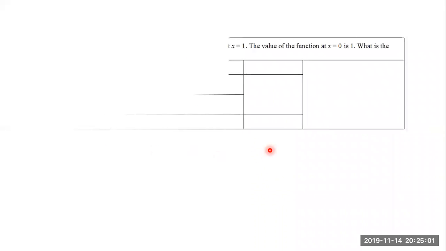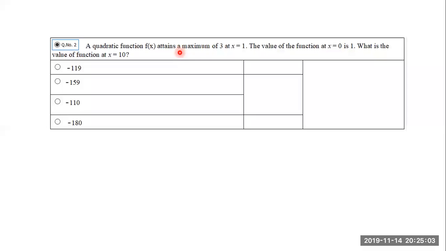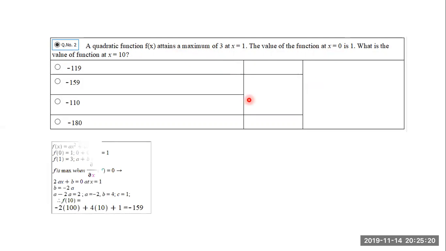Then we will see the next problem. Now here is the quadratic equation. f(x) attains a maximum of 3 at x is equal to 1. The value of the function at x is equal to 0 is 1. What is the value of the function at x is equal to 10? Now what we will do is, we will have to find the function ax squared plus bx plus c, because it is a quadratic equation. And then f(0) is given as 1.